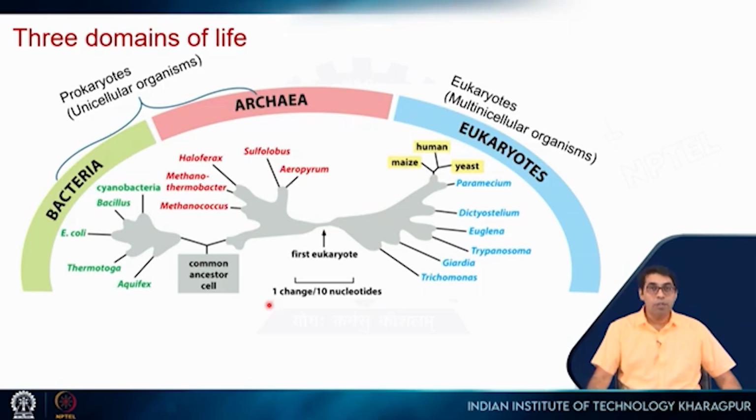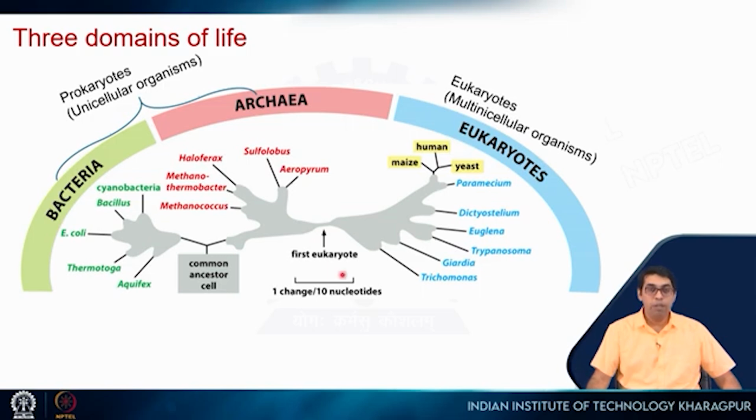So, let us look at these various life forms that are present on this biosphere, which is Earth. If we look at all the life forms, they can be grouped into 3 domains. These are called the 3 domains of life. The first one is bacteria, the second one is archaea, and the third one is eukaryotes. Bacteria and archaea are unicellular organisms, and they evolved much earlier than the eukaryotes.